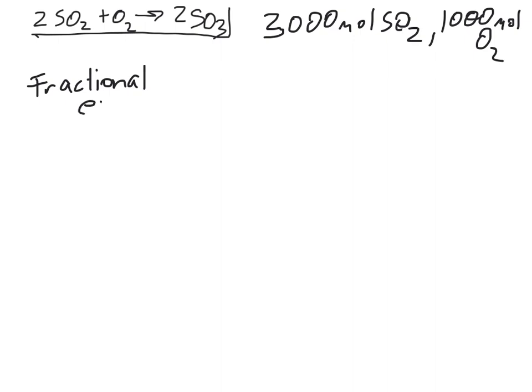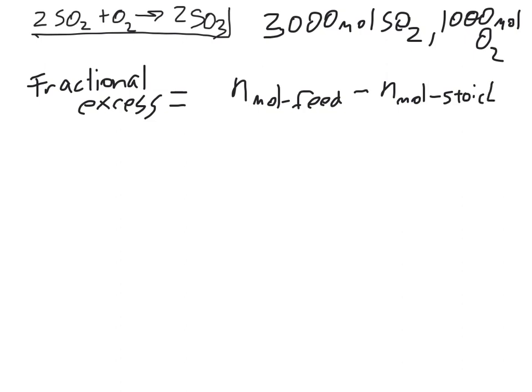So we determine that SO2 is in excess, and the equation is just the number of moles in the feed minus number of moles in the stoichiometric case, over number of moles in the stoichiometric case. So based on the stoichiometric ratio, we would need 2,000 moles of SO2, so the stoichiometric number of moles for SO2 would be 2,000, and this is what's fed into the reactor, in this case 3,000 moles.